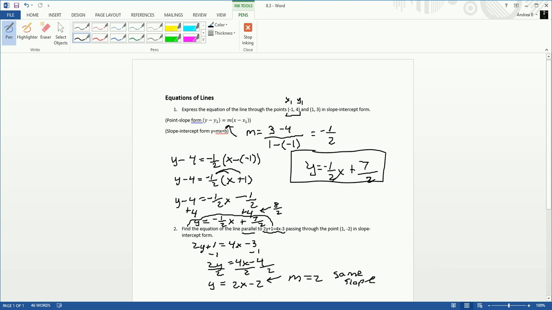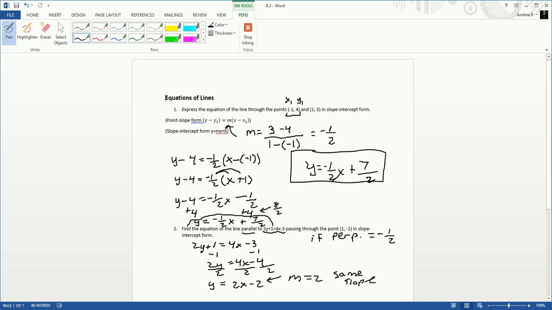I'm going to write up above here, if it was perpendicular, then instead of a slope of 2, we would have to use the opposite and reciprocal slope. The opposite sign would be negative instead of positive, and then the reciprocal: 2 is really the same thing as 2 over 1, and if you flip that, you get 1/2.